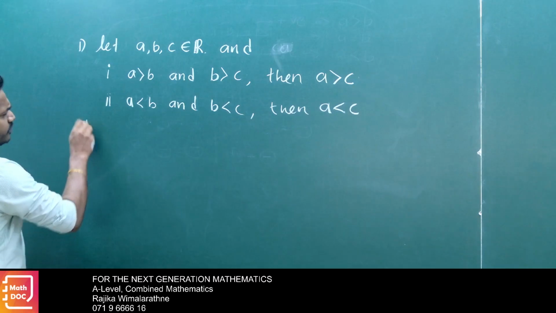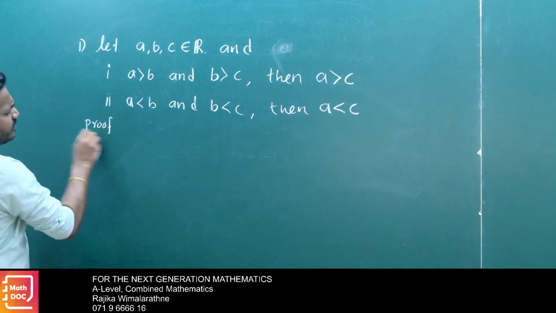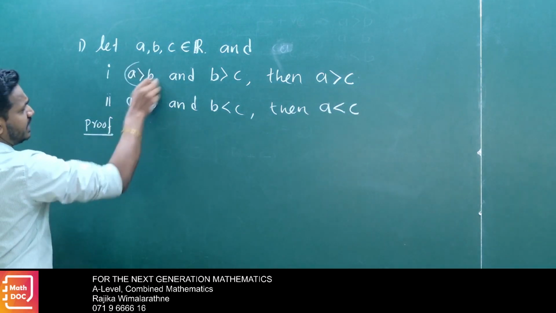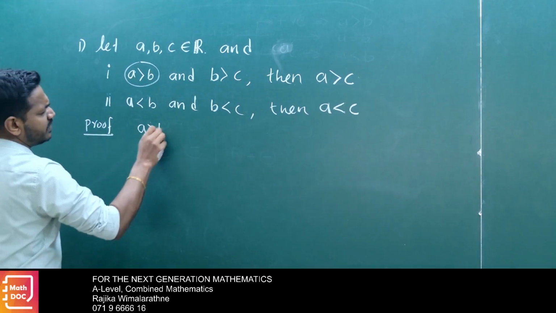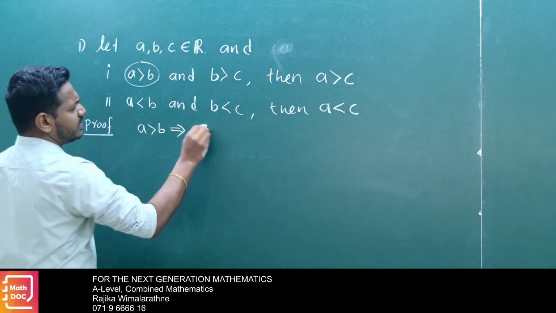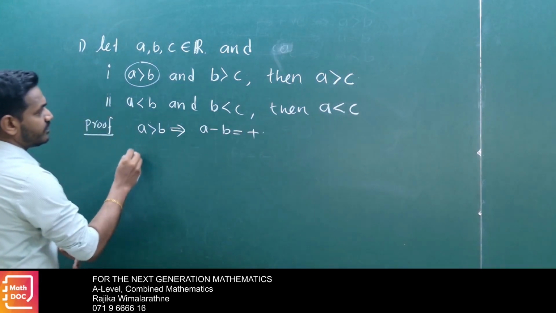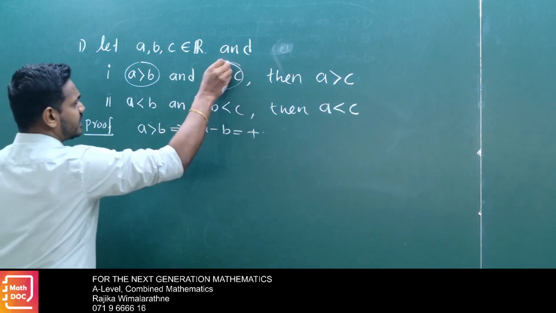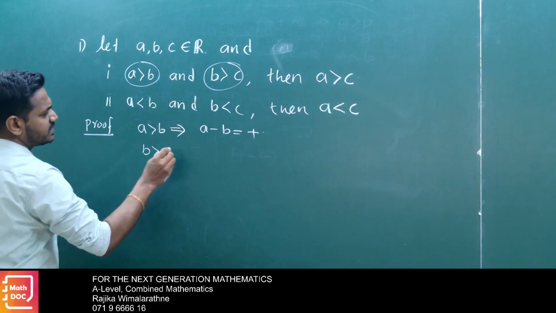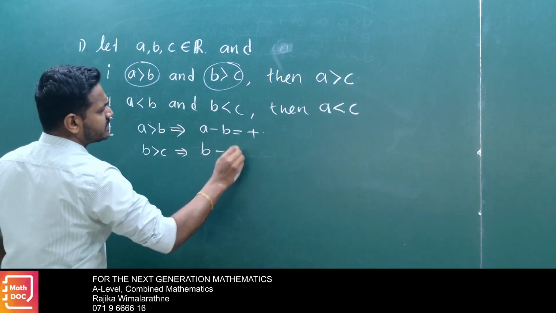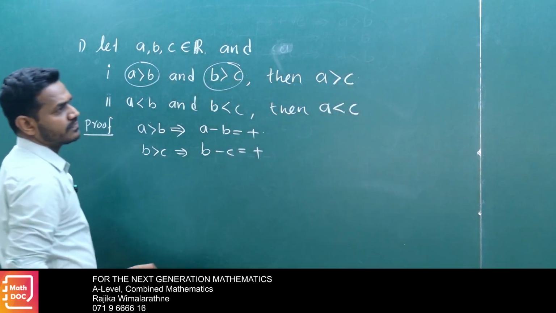Now here the proof. So here given data, A greater than B, no? So that means we know A minus B is positive. Then another one, B greater than C given. Then B minus C is positive.